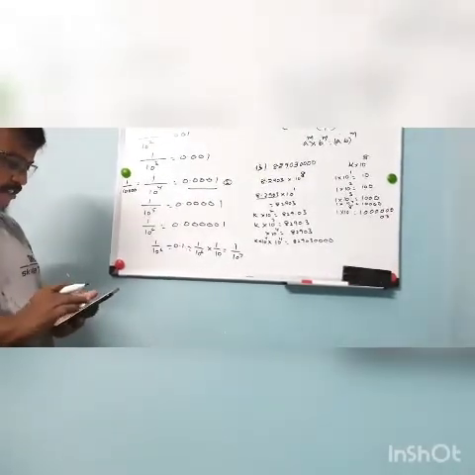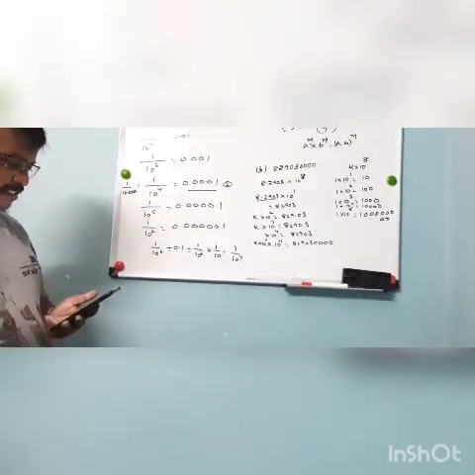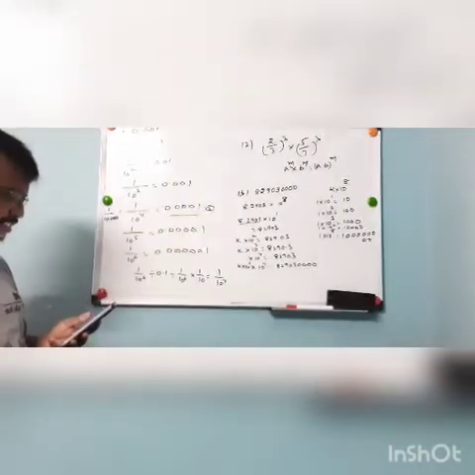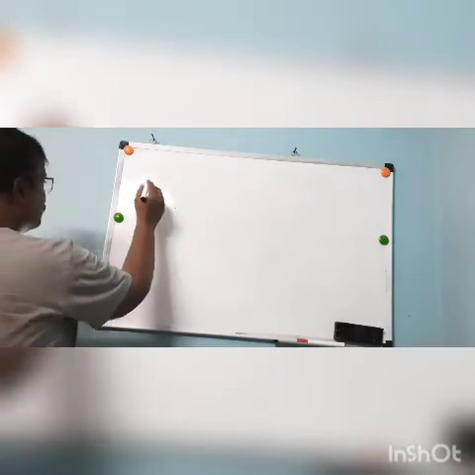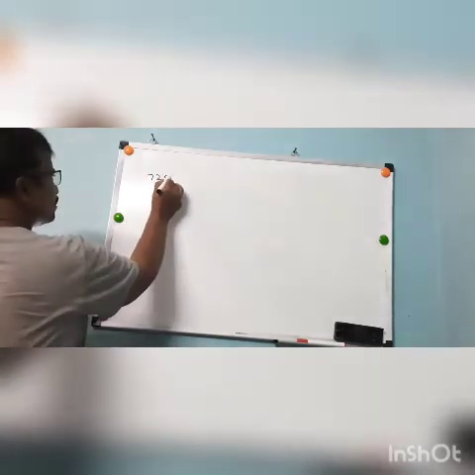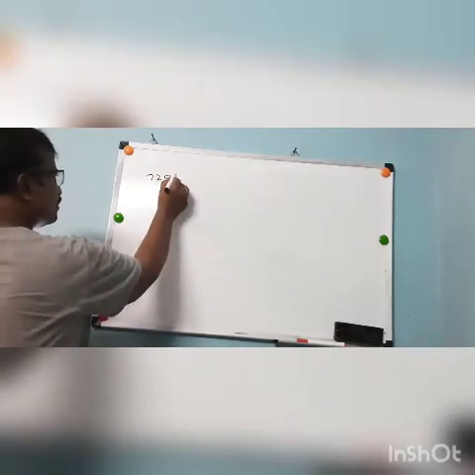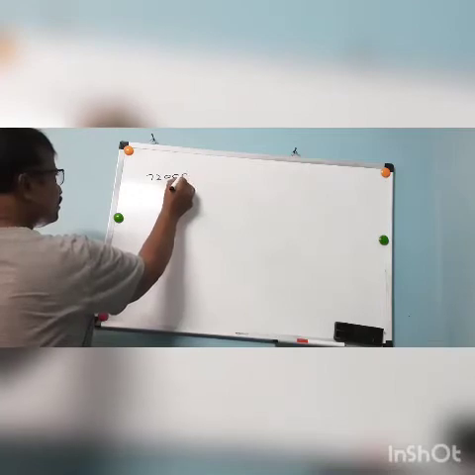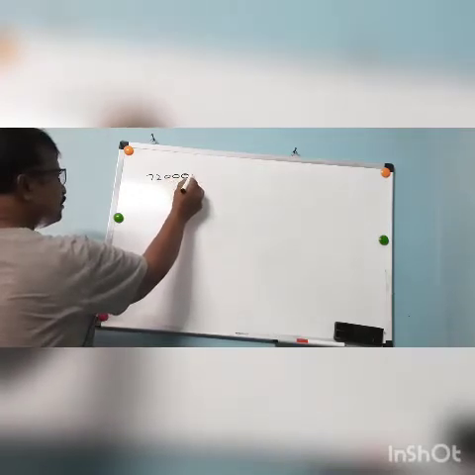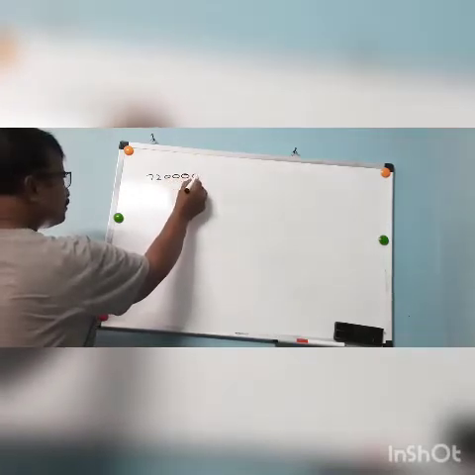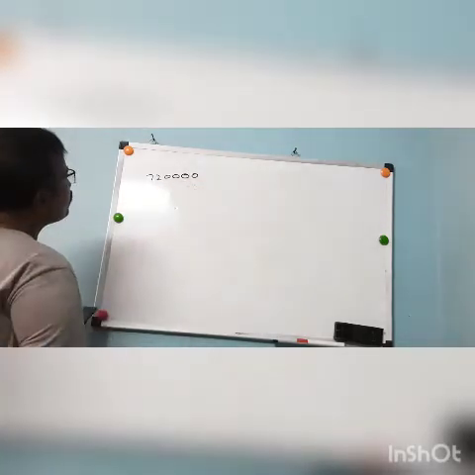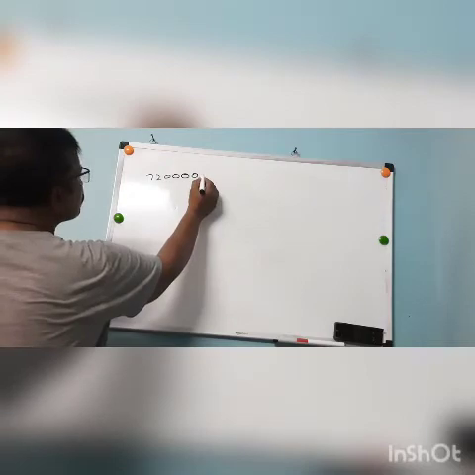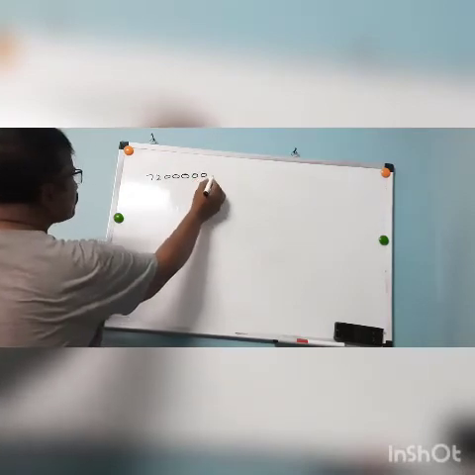The 14th question's answer is the first one. In standard form, 72 crore is written as... 72, 720, 7,200, 72,000, then 7 lakh 20,000, 72 lakhs.